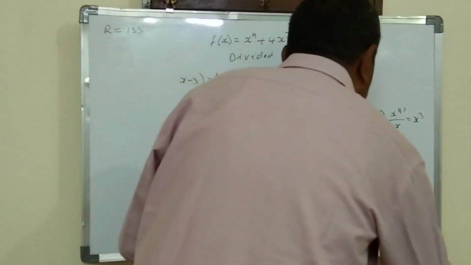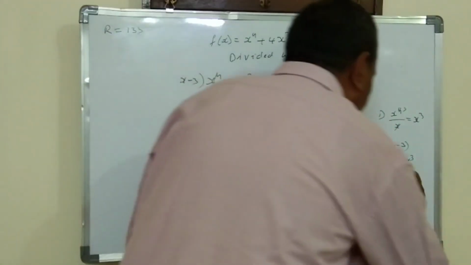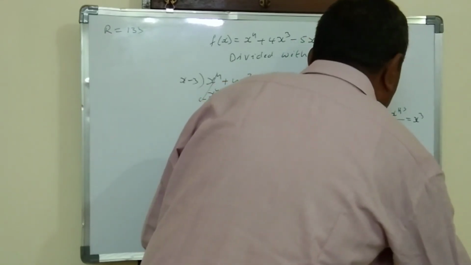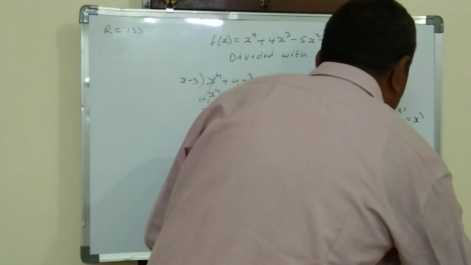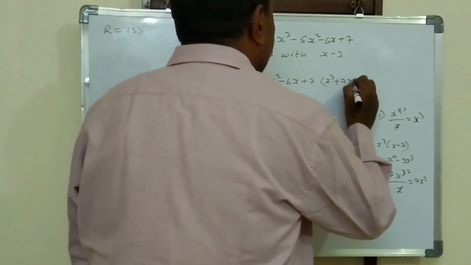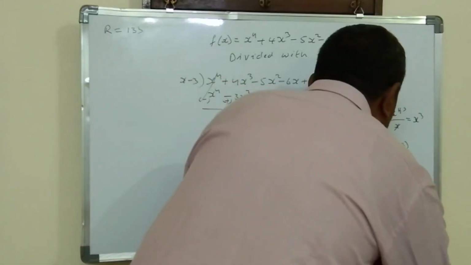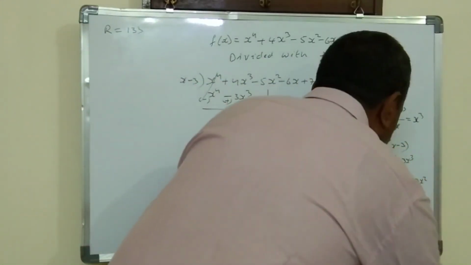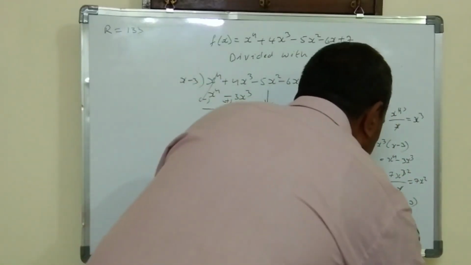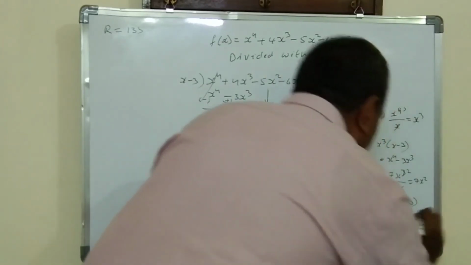Again the second step. What is the second step? First term with first term. 7x cube by x is equal to 7x square. So keep here plus 7x square. 7x square into x minus 3 is equal to 7x cube minus 7 3s are 21, 21x square.